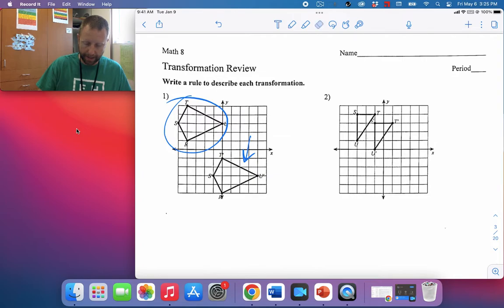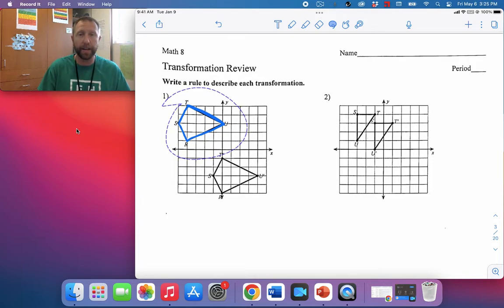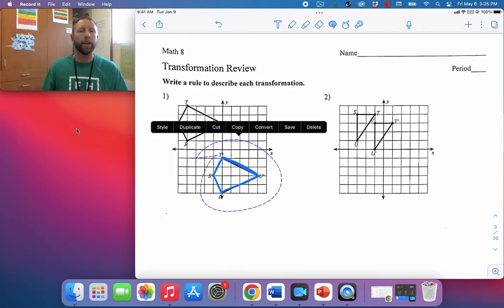Okay, I can erase this. If you remember, this worked out very nicely with our patty paper that we used at the beginning of the year. If I trace out this shape, I can see that the original shape just slid down. So all I need to do is count and see how far it went.